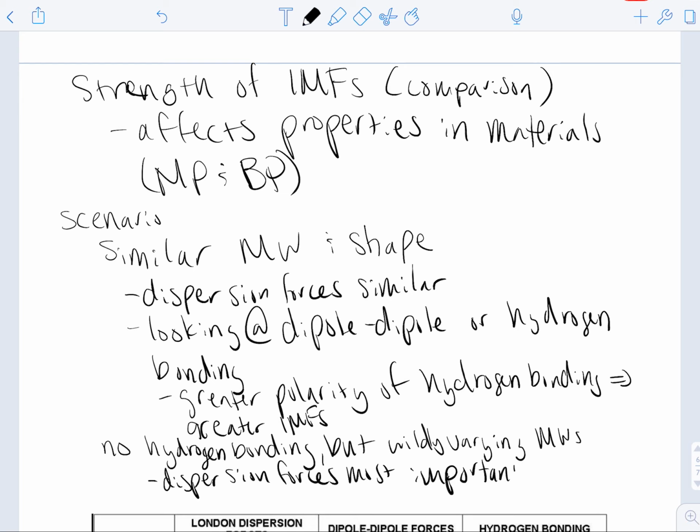So again, greater molecular weight, greater dispersion forces, greater surface area, greater dispersion forces.